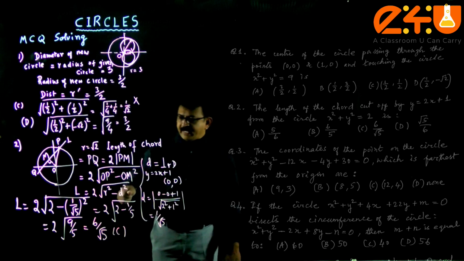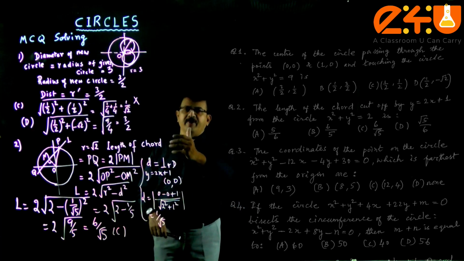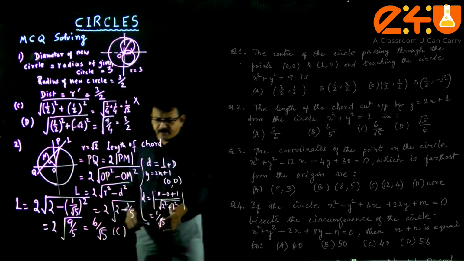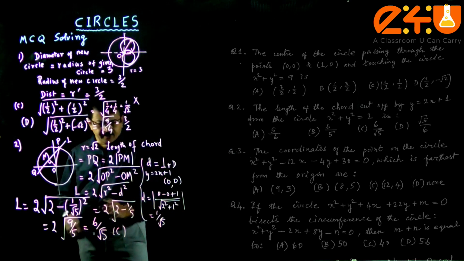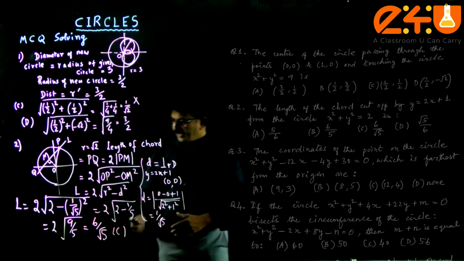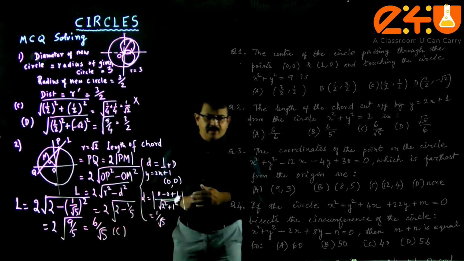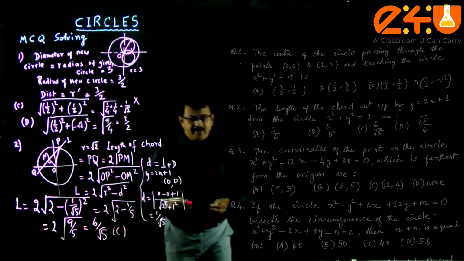The distance d has to be found from the straight line chapter. You already know the perpendicular distance formula, and that's what we are doing here. You got 1 by root 5. Applying the value here, we get 6 by root 5, which is left to calculations. Is that okay? We shall move on to question number 3.